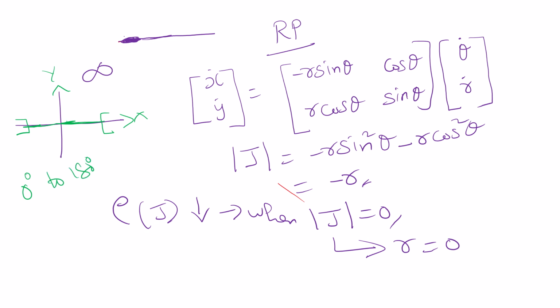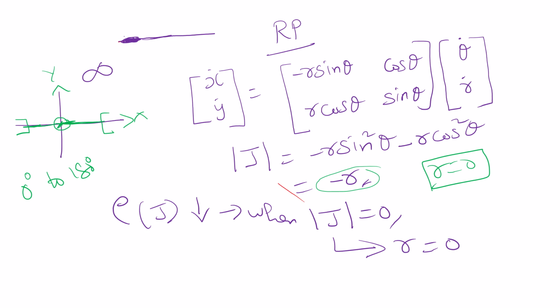When the manipulator is trying to cross the origin, your r may become 0, that is, the radius is becoming 0. At this point the joint velocities will become infinite. So that is why it is not advisable to have a singular configuration. In this RP manipulator, we want it to never reach this singular condition, that is r equal to 0. So r equal to 0 is a singular condition for the RP manipulator.